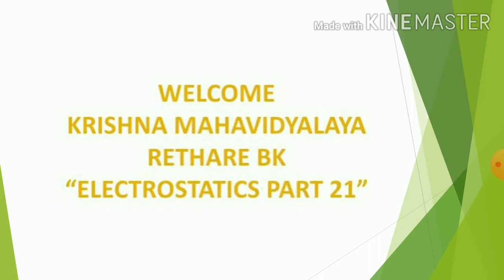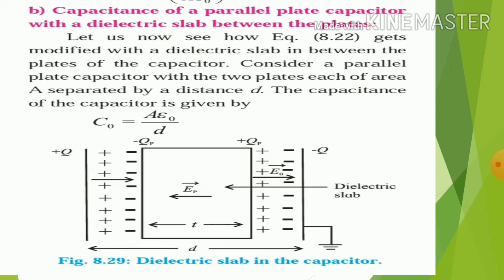In the previous lecture, electrostatic part 20, we found the value of capacity of a parallel plate condenser in the absence of dielectric material, or without any dielectric material. Today we will study the capacitance of a parallel plate condenser filled with a dielectric slab, substituted between the two plates.